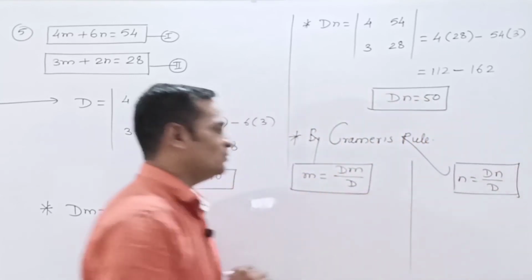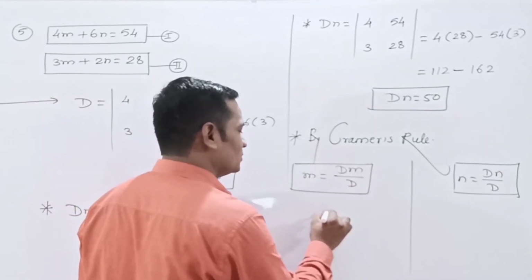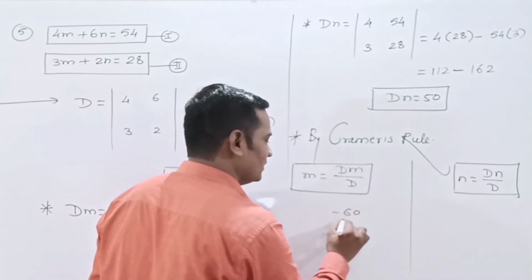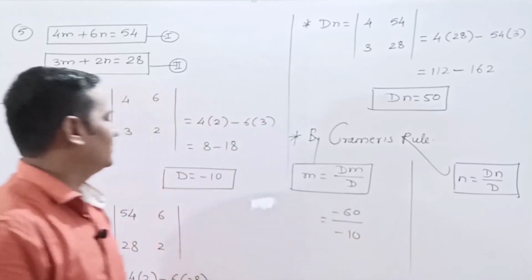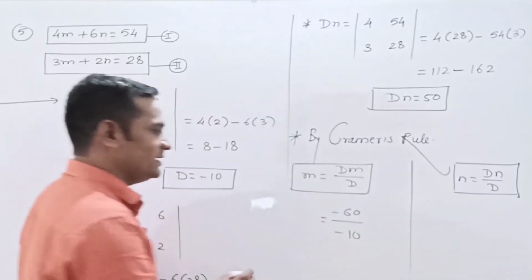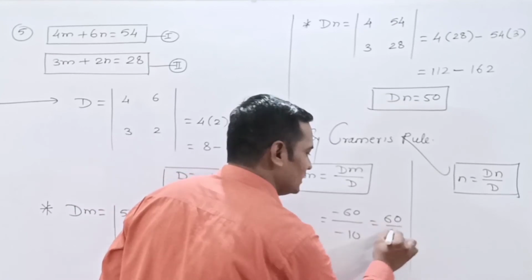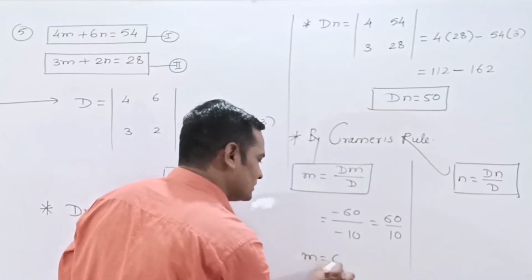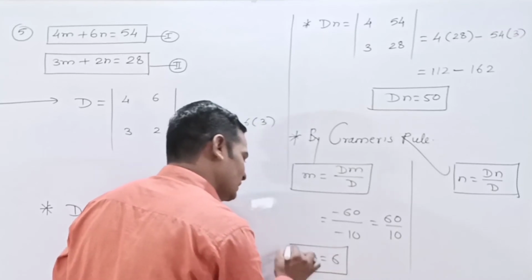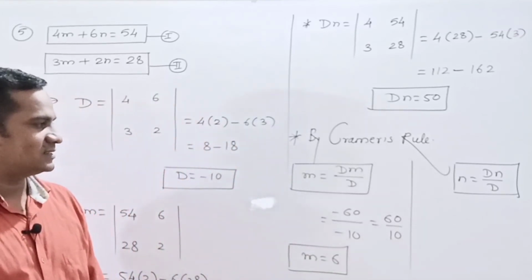So let's put down the values in this equation. So m is equal to minus 60 upon minus 10. So that minus minus will become plus upon 10. So 10 ones are 10, 10 6s are 60. So m is equal to 6.